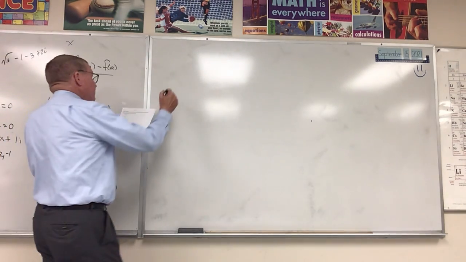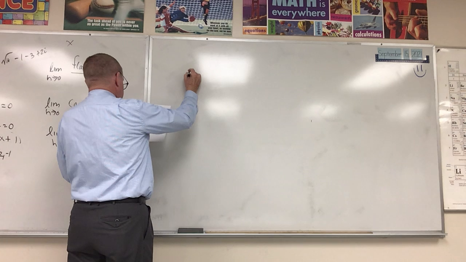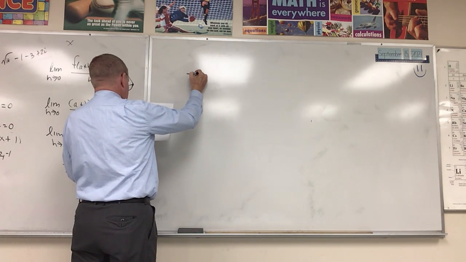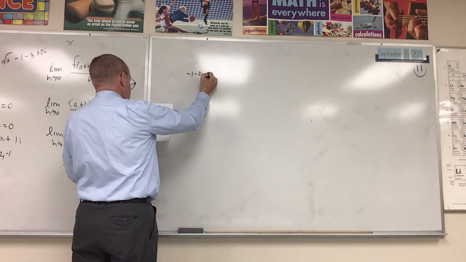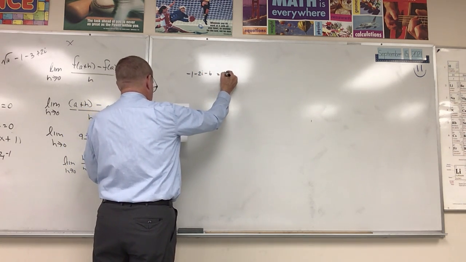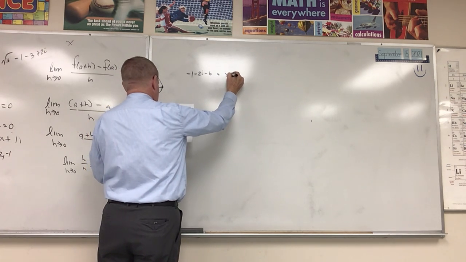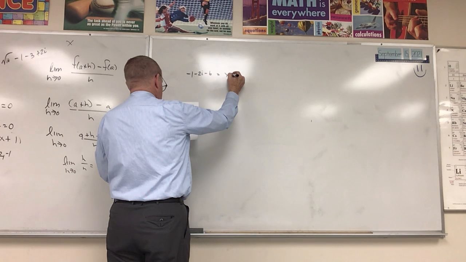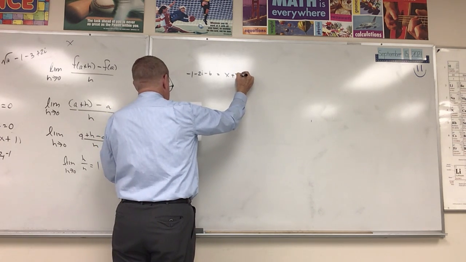Get rid of the parentheses. So 1 plus 2I, -1 minus 2I minus 6 equals x, parentheses 7, get rid of the parentheses, x plus 7 minus yi.